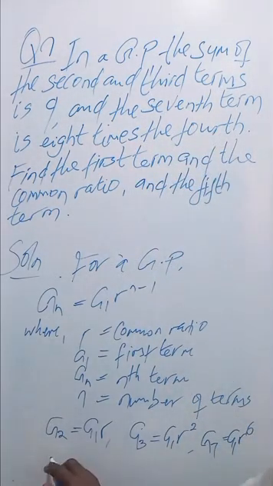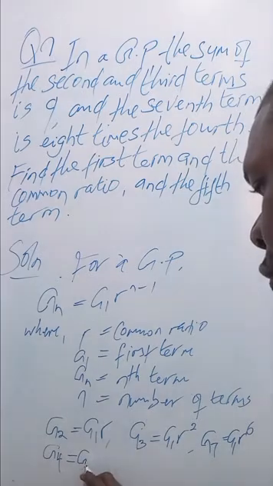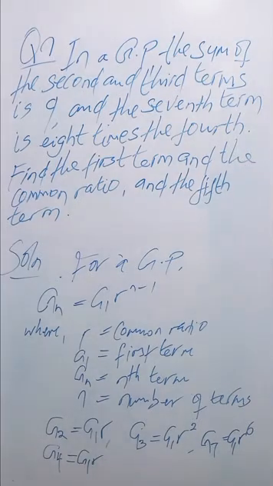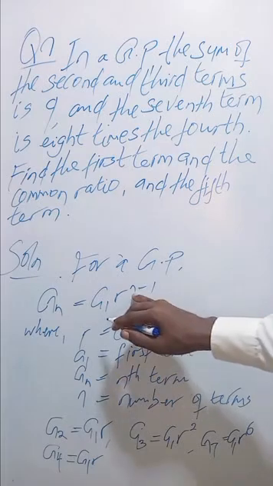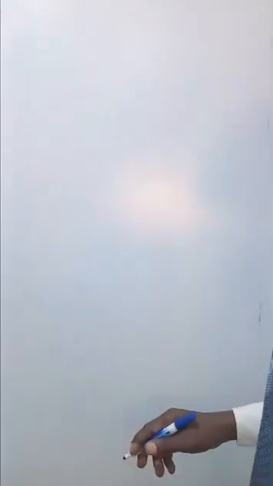G4 will be equal to G1 times R, put here 4 minus 1, which is R raised to power 3.